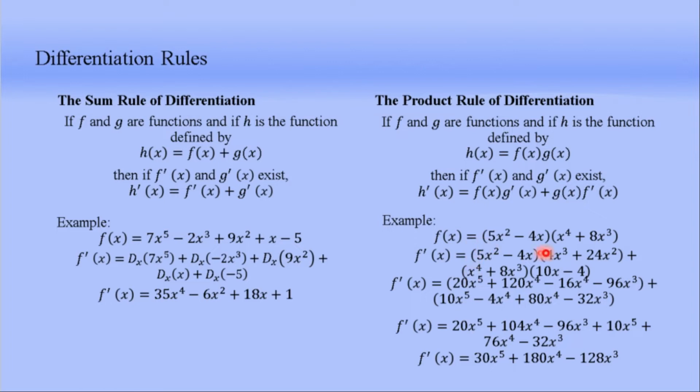So for this function, the derivative of this function is 30x raised to the fifth power plus 180x raised to the fourth power minus 128x cubed. Did I say that right? So again, the derivative of this function is 30x raised to the fifth power plus 180x raised to the fourth power minus 128x cubed.